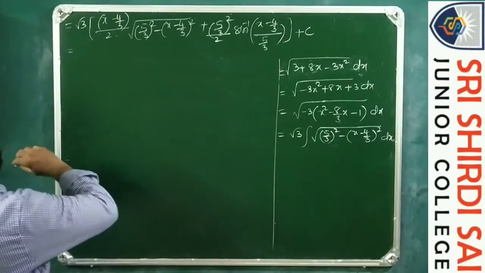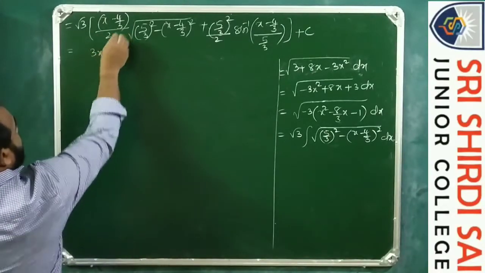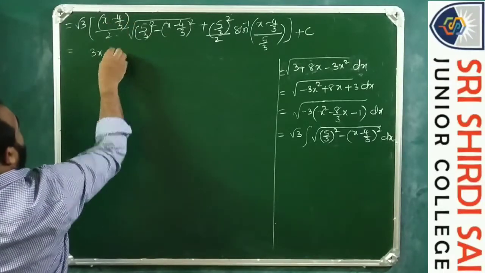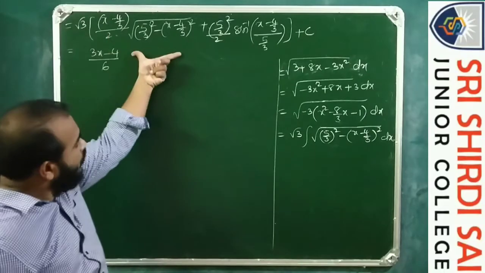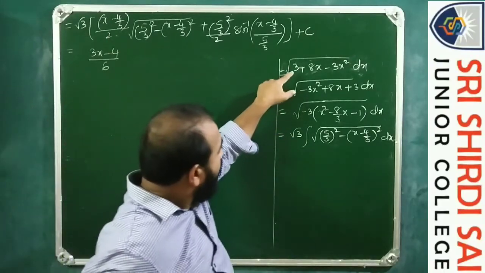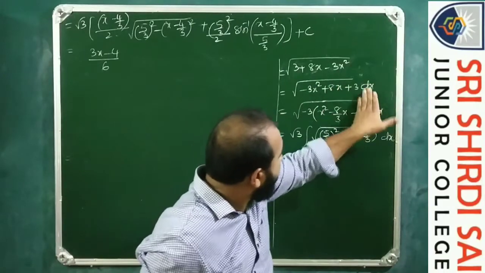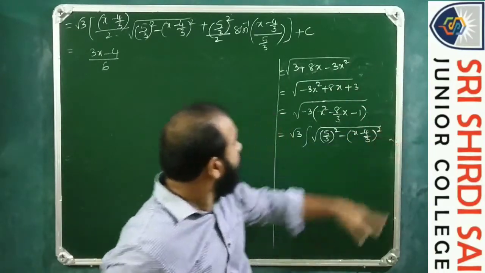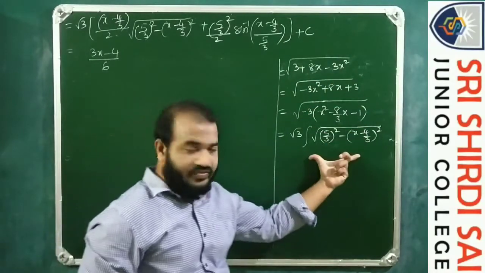Now this is 3x minus 4 by 3 by 2, 3 twos are 6. Now root 3 into this. So root of 3 plus 8x minus 3x square, we have written to be root 3 into this.